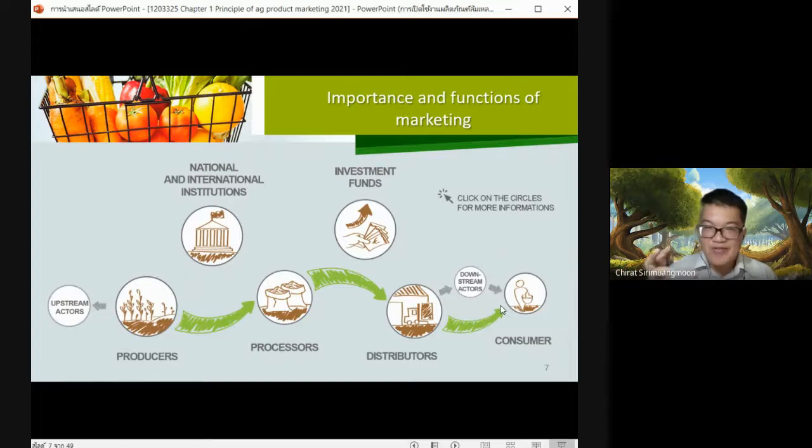Like we have fresh pineapple, and then you want to make pineapple jam. This is the processors. Then you need to transport or distribute to the consumer. Every step here needs marketing strategies, needs marketing issues in it. So see, every step is involved with marketing in both direct and indirect ways.